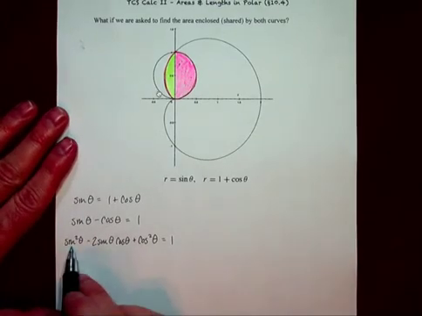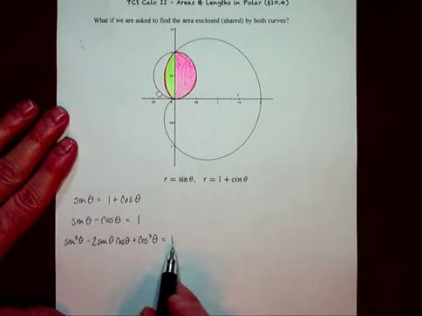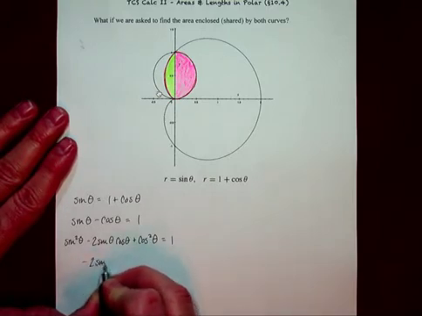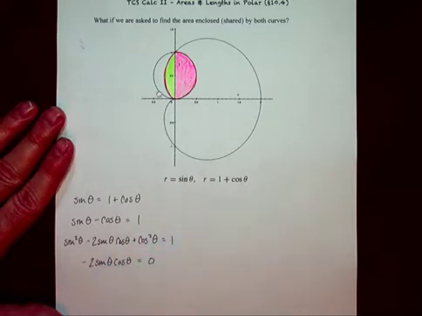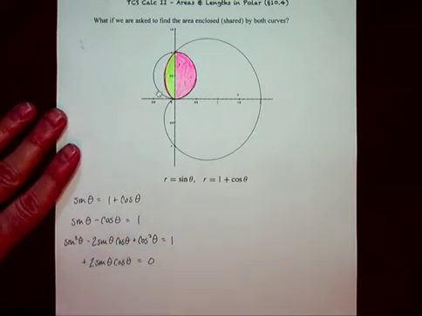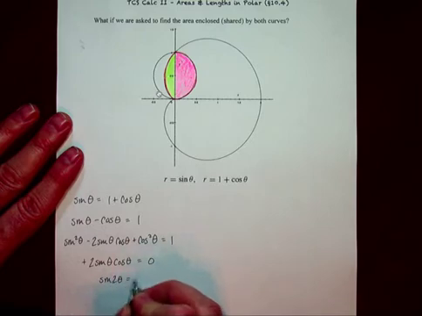Now, sine squared plus cosine squared is just 1, and of course that's 1 over here. So if I subtract 1 from both sides, I get negative 2 sine cosine is equal to 0. Now, of course, I can multiply both sides by negative 1, and this becomes sine of 2 theta is equal to 0.